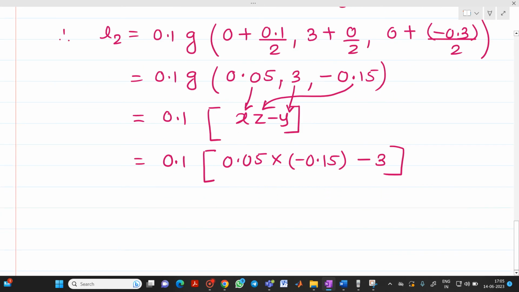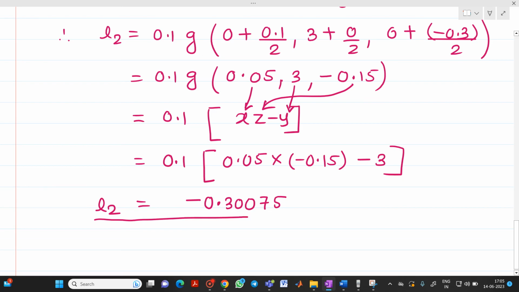If you do it, let me do it on a calculator: 0.05 into minus 0.15 minus 3, into 0.1. So we will get the answer as minus 0.30075. So this will be the answer for L2.